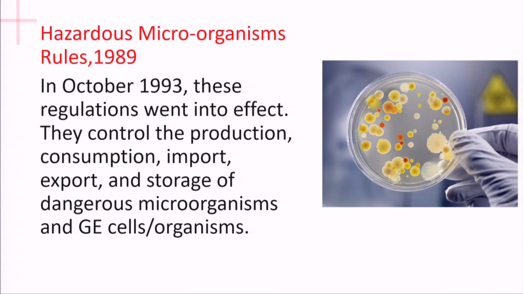The Environment Act of 1986, Sections 6, 8 and 25, which govern the handling of hazardous substances, were used to draft the rules. The regulation is created via a system of oversight, review and control by various bodies. Microorganisms handling, production and usage are forbidden absent authorization from the Genetic Engineering Approval Committee.